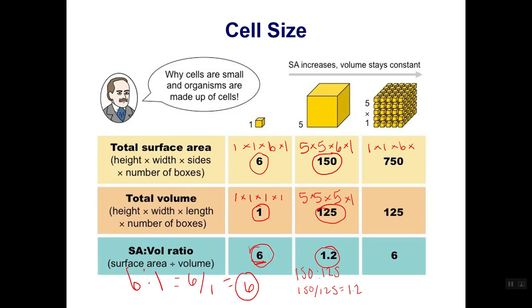Let's see, that gives me 125 boxes. Let me write that down. Okay, so let's do the math here. 1 times 1, of course, is 1, times 6, times 125. That gives me 750.